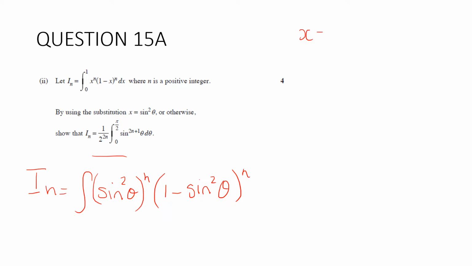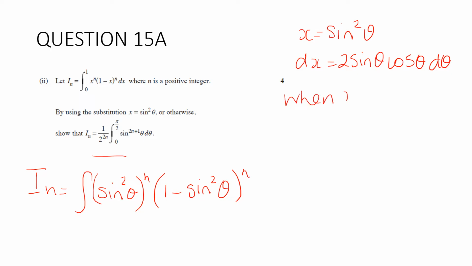If x is equal to sine squared theta, then dx is equal to 2 sine theta cos theta d theta. Let's do the limits. When x is equal to 0, theta is equal to 0, and when x is equal to 1, theta is equal to pi on 2.